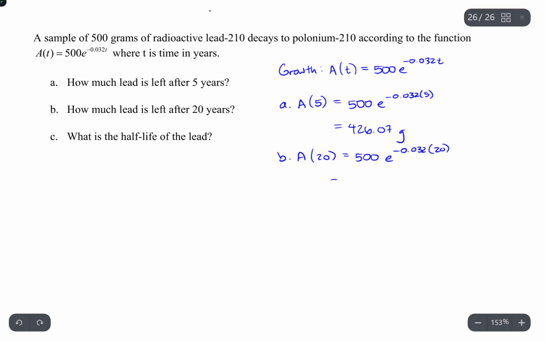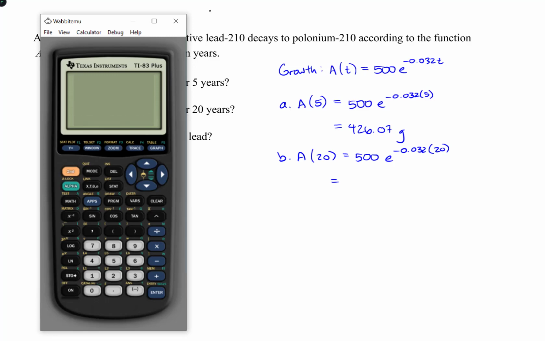I'm going to use an older calculator just so those of you using the older style calculator can see how to do the exponents properly. We would still put 500 and then second and divide gives me the e. Then when I hit the exponent key, I need to make sure I use parentheses around the exponent.